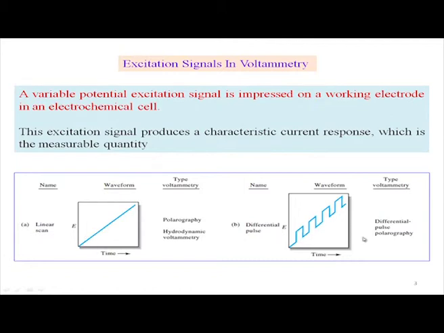At this point you have the differential pulse. If you give this differential pulse to the system, the nature of the plot will be different. The type of voltammetry we get is DPP, the differential pulse polarography. Originally, when it is linear, you have polarography, and when it is a differential type, we get differential pulse polarography.